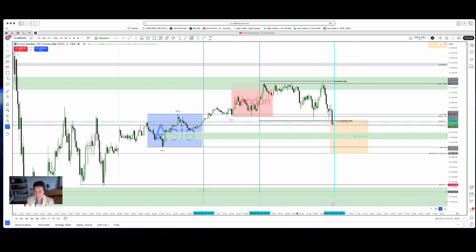I think pretty much every day for the past 3 or 4 days, pre-market price has swept London. Sometimes it's re-swept. I think yesterday it swept twice before dropping.